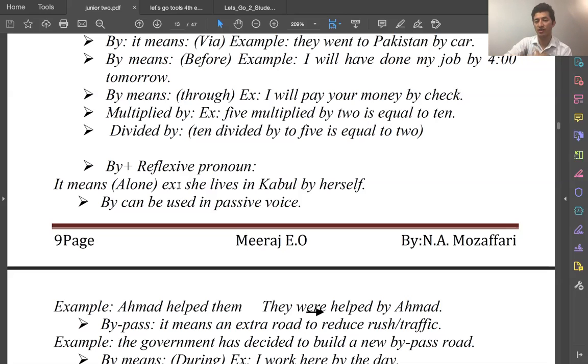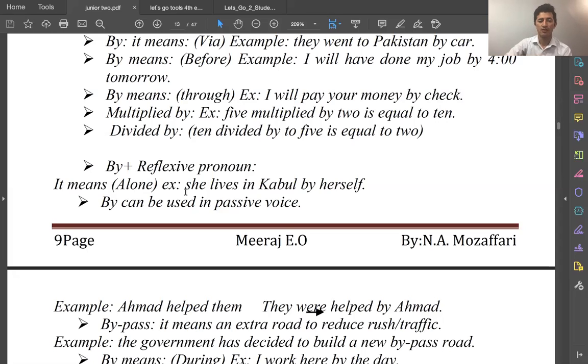I am the doer of an action, and myself is the receiver of an action. He speaks by himself. Here we said by can be used before a reflexive pronoun, and it gives the meaning of alone. When you use by here, you say I explain it for you by myself, meaning I alone will explain it for you.